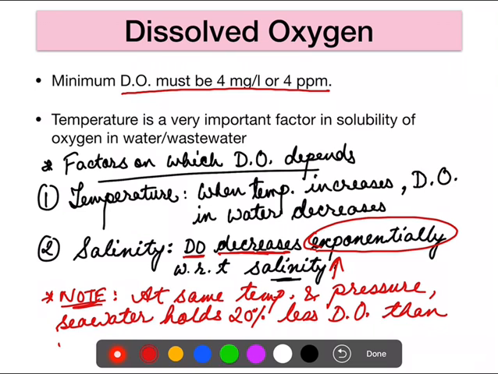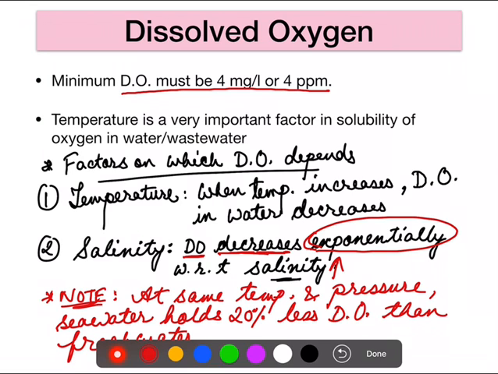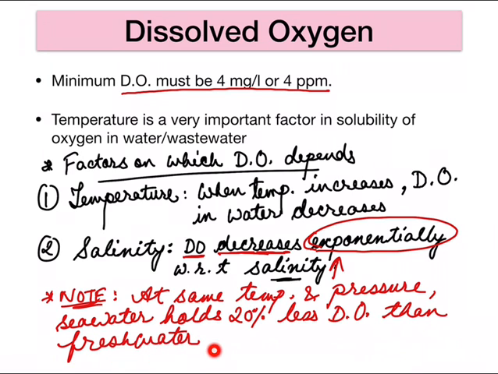At the same temperature and pressure, seawater holds 20% less DO than fresh water. So that means salinity is a very important factor for your dissolved oxygen.